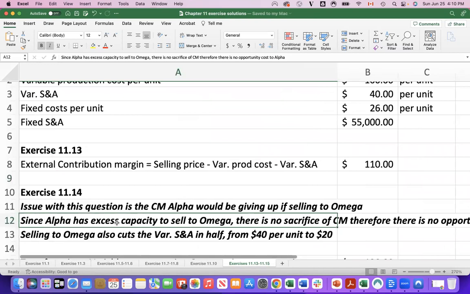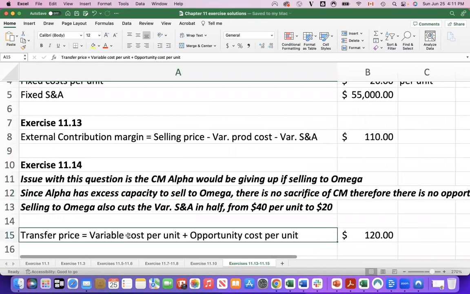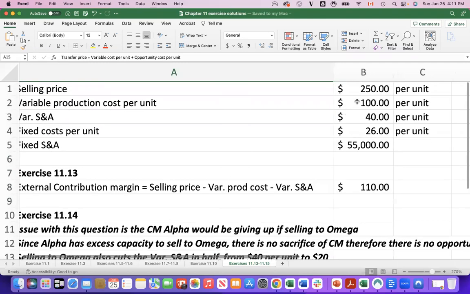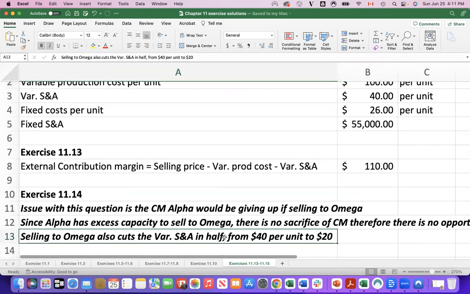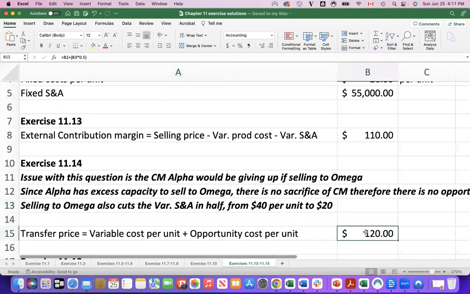And then it also says selling to Omega cuts the variable selling and admin in half, from $40 to $20. In this case, our formula for figuring out the price that Alpha is going to charge is simply the variable cost per unit. So to cover the variable costs, which is the production cost of 100 and the new variable selling and admin, which was 40, now it's 20, we have to cover those plus any opportunity cost.